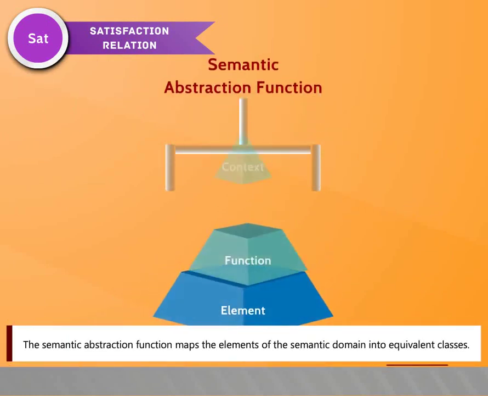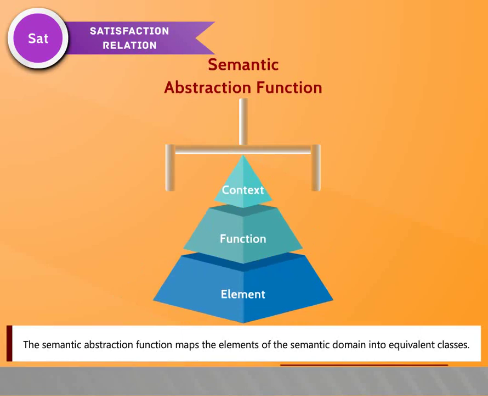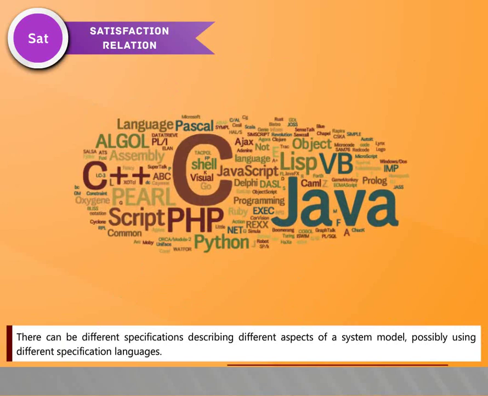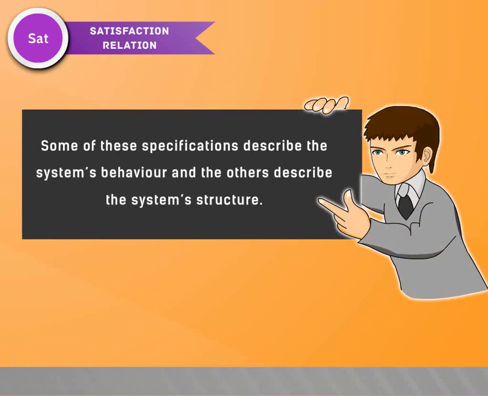The semantic abstraction function maps the elements of the semantic domain into equivalence classes. There can be different specifications describing different aspects of a system model, possibly using different specification languages. Some of these specifications describe the system's behavior and the others describe the system's structure.